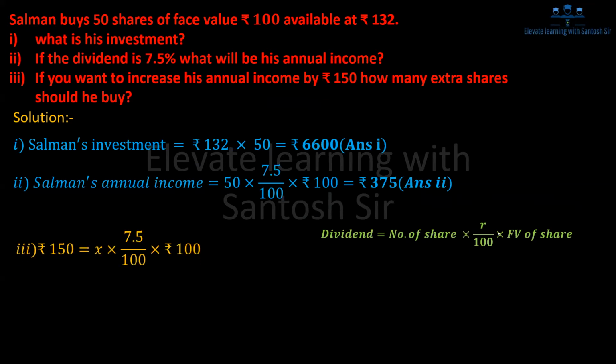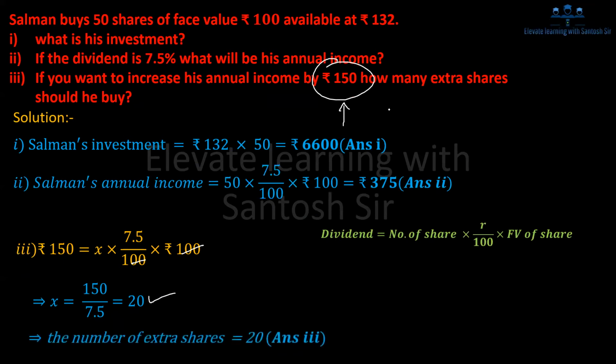Let's do the calculation. So 150 is equal to x into 7.5 upon 100 into 100. We can cancel this. So we will get x is equal to 150 upon 7.5, which is nothing but 20. So we can say that Salman should buy 20 more shares if he wants to increase his income by rupees 150. So this is the answer for the third part.